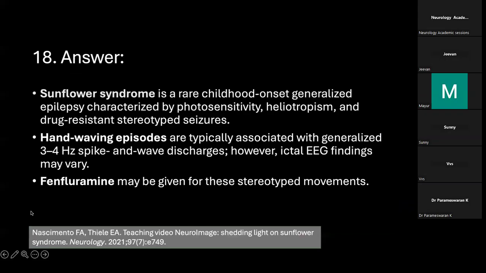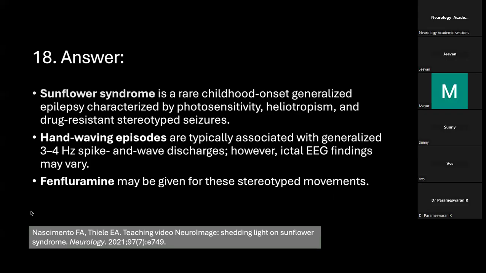And the drug resistant movements are called hand waving episodes, which have a characteristic 3 to 4 Hz spike and wave discharges on EEG. However, ictal EEG findings may vary. Fenfluramine may be given for these stereotyped movements with partial improvement.